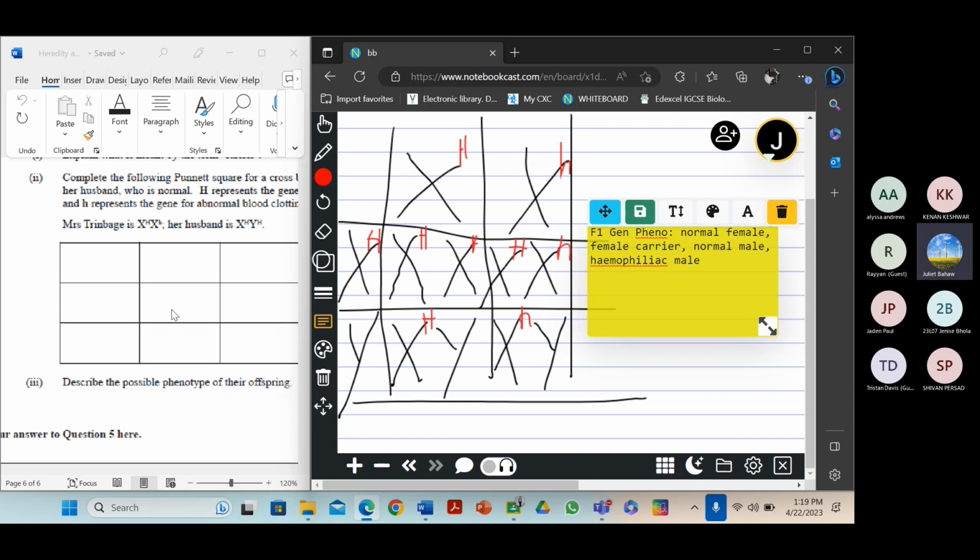So it just depends on how they ask the question. If they ask you what is the ratio or what is the possible probability of a child inheriting hemophilia, then you say there's a 25% chance the child will have hemophilia. If they ask specifically in terms of between genders, then it will be 50-50. You follow?